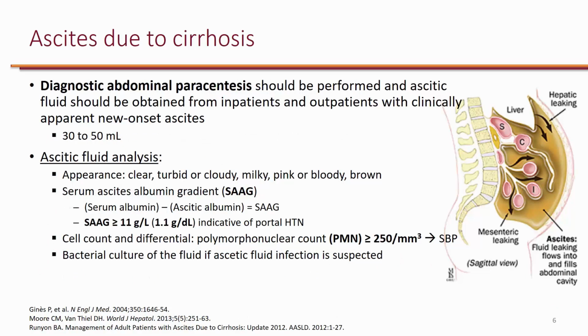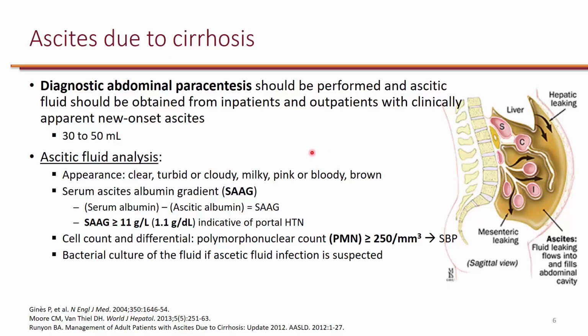So the most important diagnostic evaluation to do when patients develop ascites is to perform diagnostic abdominal paracentesis. Basically, they will use a needle and draw about 30 to 50 ml of fluid from the ascitic fluid. Once you get these fluids out, just a small volume, because this is meant for diagnostic purposes, you can do analysis of the fluids.